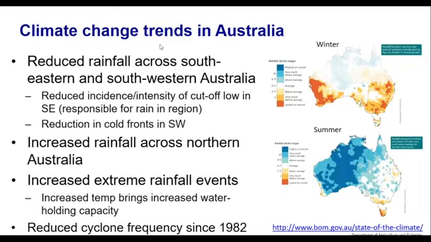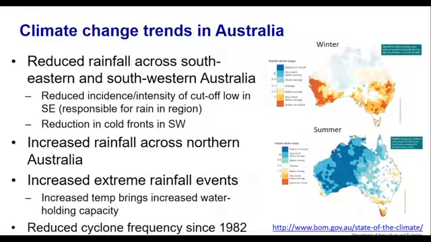There has been reduced rainfall, and this has been across the southeast and southwest of Australia. And what I did is look, there's winter and there's summer. So in the winter, it's been more dry across the bottom.